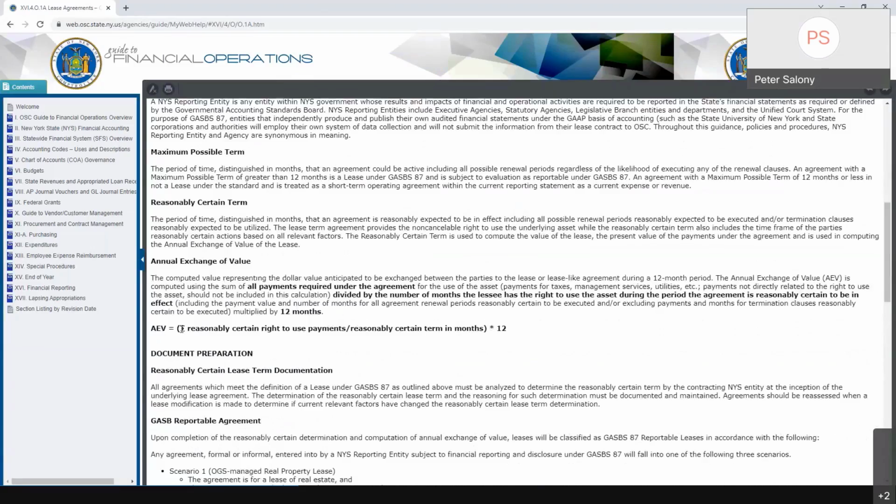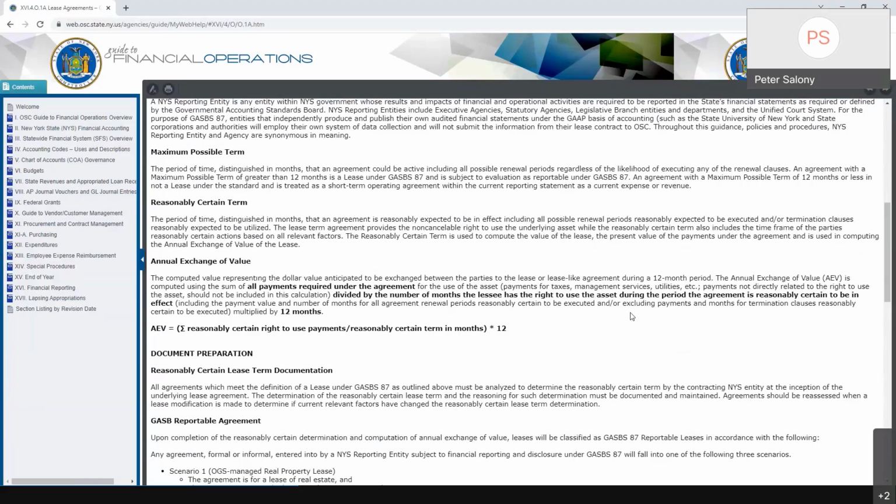So it's basically your reasonably certain right to use payments divided by your reasonably certain term in months multiplied by 12. What that's basically saying, in layman's terms, is what's your average lease payment that you're going to pay each year. So you're going to include what's in the lease and any lease terms that you're reasonably certain to include, divided by those months.